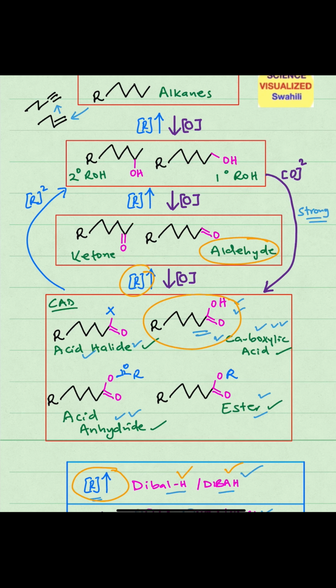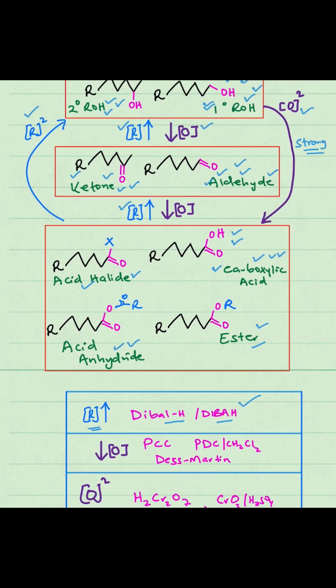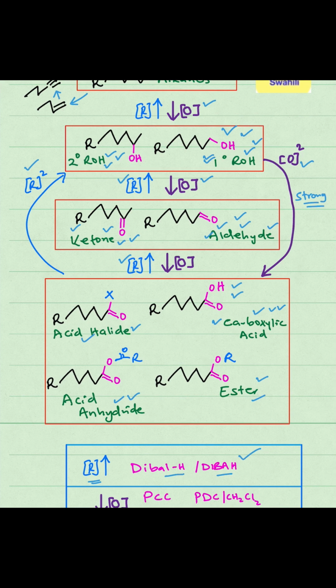At the same time, one-step reduction of all these carboxylic acid derivatives, CAD, will be reduced to aldehyde using Dibal. You can also use Dibal for one-step reduction from aldehydes and ketones to the corresponding alcohols.